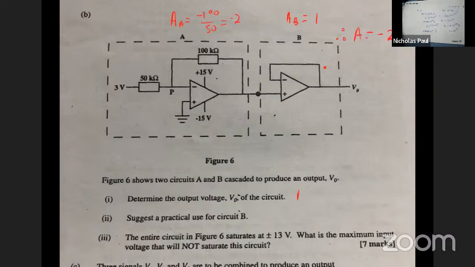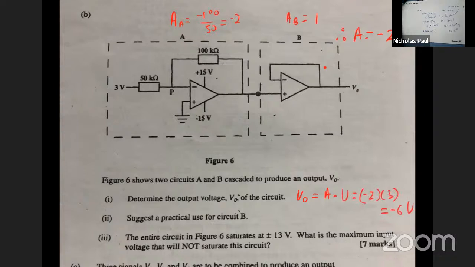So the overall gain is minus 2. So to get V out is gain times V in. So that's negative 2 by 3. So that's negative 6 volts.